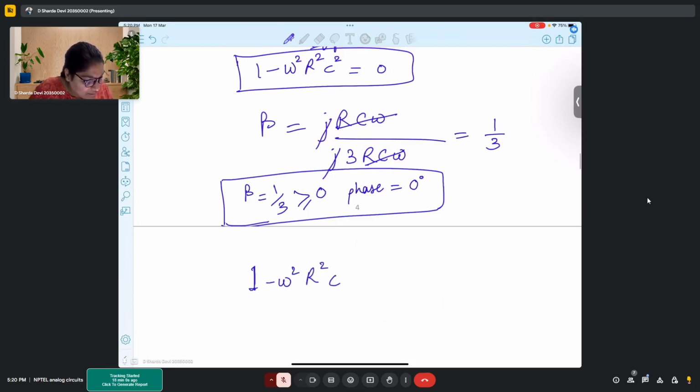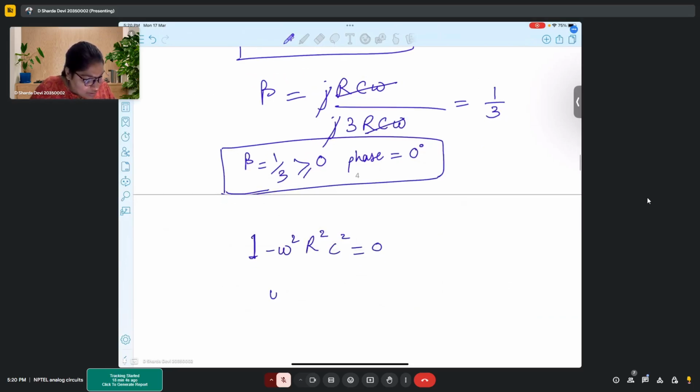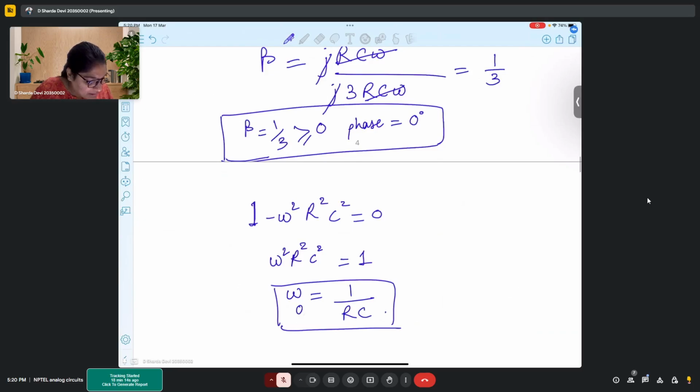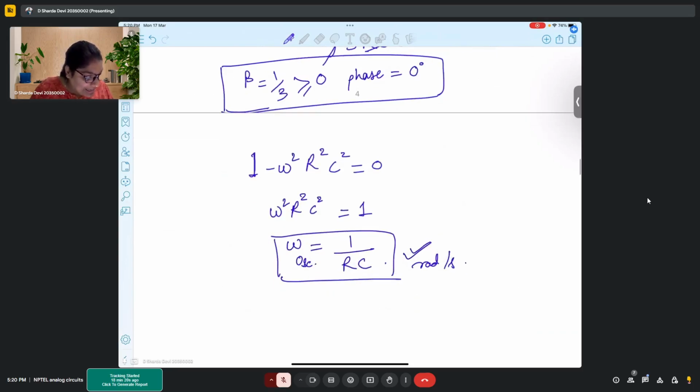So 1 minus omega square R square C square is 0. That means omega square R square C square is 1, which gives us omega is 1 upon RC. So from here, this becomes my oscillating frequency for the Wien bridge oscillator. This is in radians per second, and the frequency of oscillation will become 1 upon 2 pi RC.